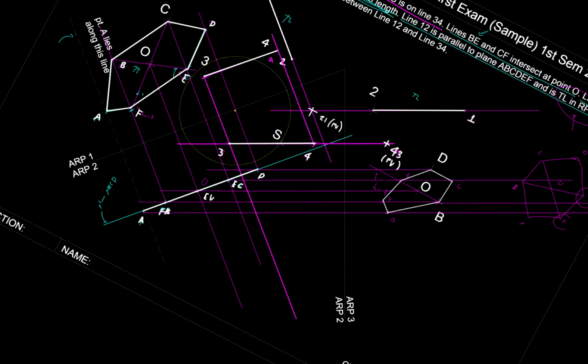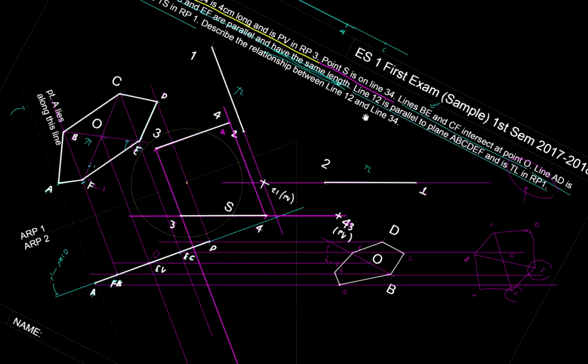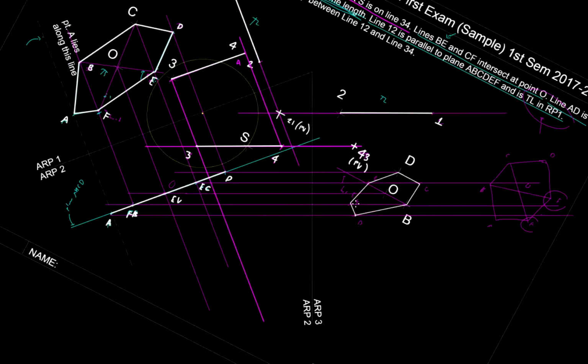So, just to be sure, sabi kanina na CF and BE should intersect at O. And just to check, no? Does it intersect? Nag-intersect naman siya. So, nag-intersect itong CF and BE at point O. So, we know we did a good job, no?